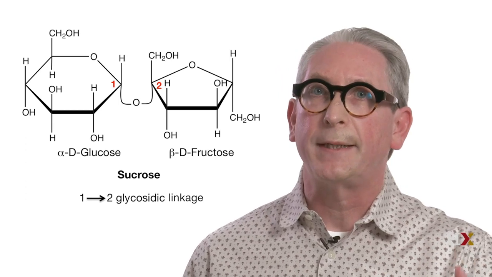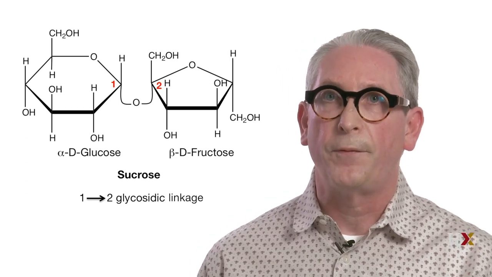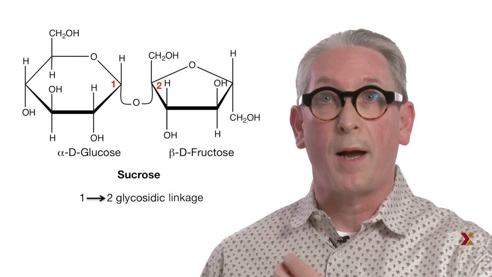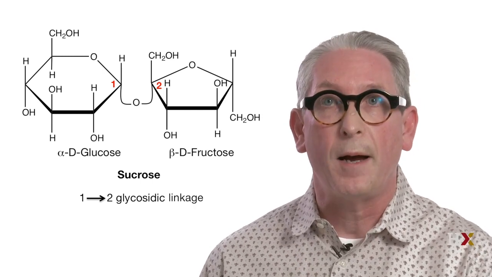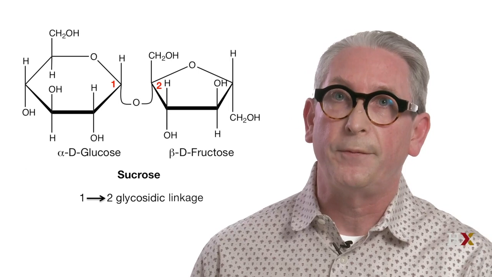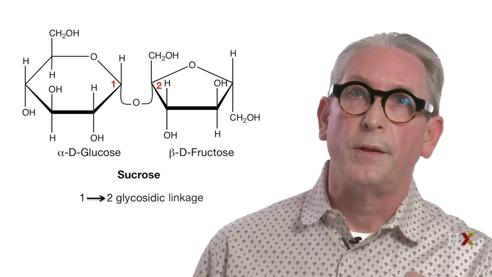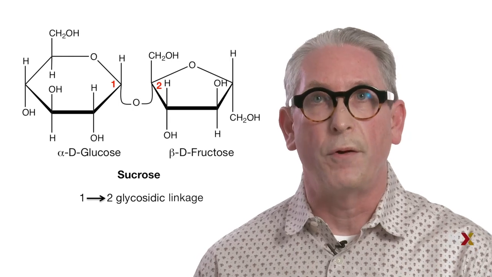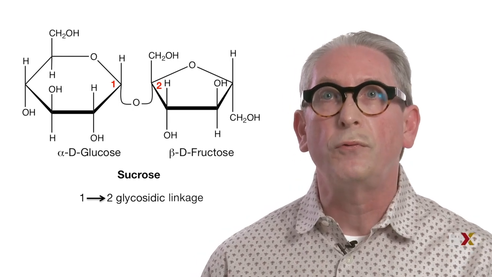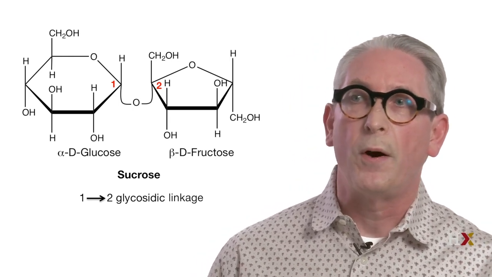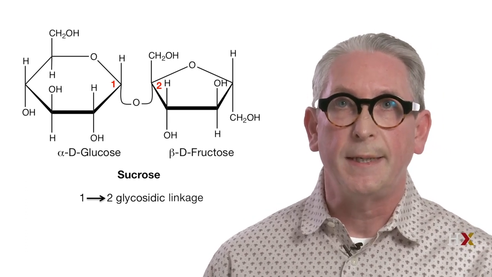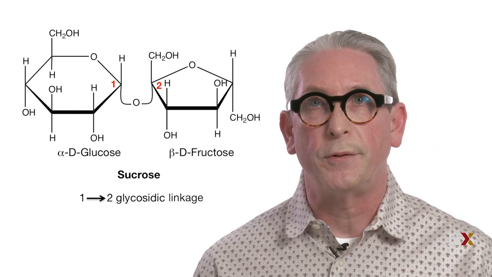So the anomeric carbon of alpha-D-glucose reacts with the carbon 2, which is also the anomeric carbon of beta-D-fructose. The product, the disaccharide, is called sucrose, and because the two reducing groups of the sugar units are engaged in the glycosidic linkage, we have a non-reducing sugar.